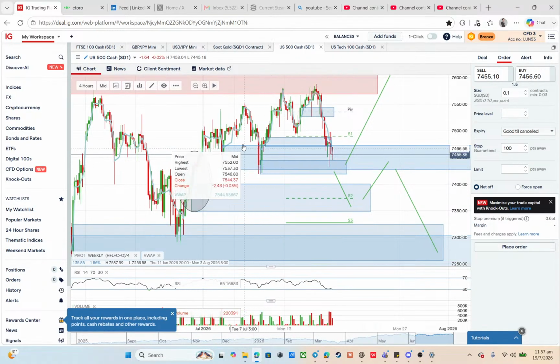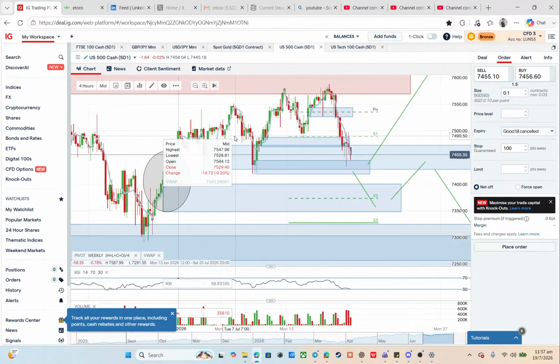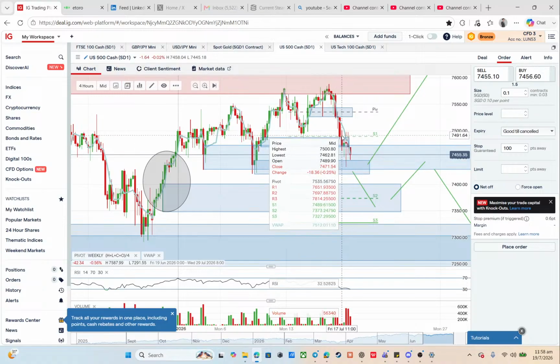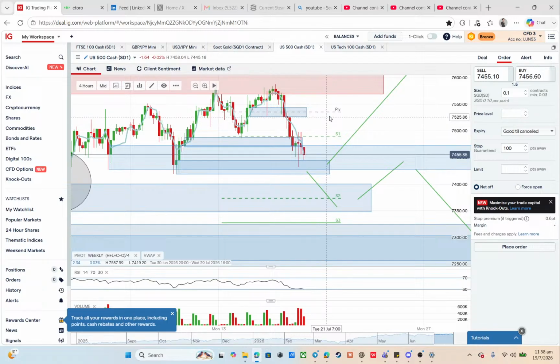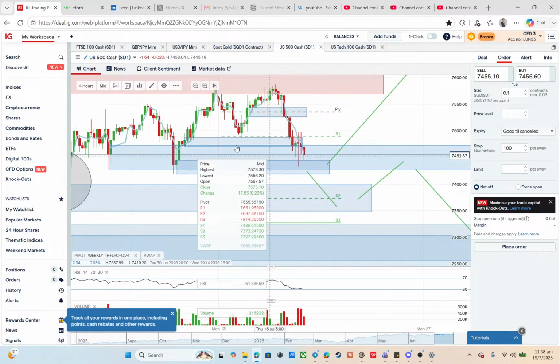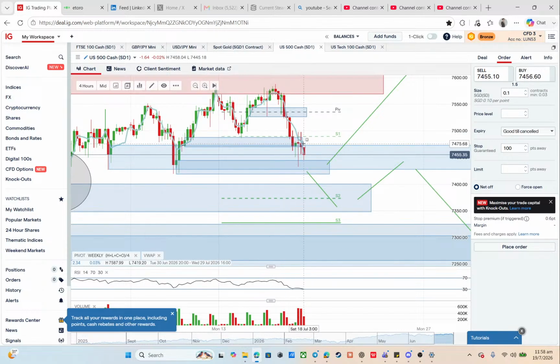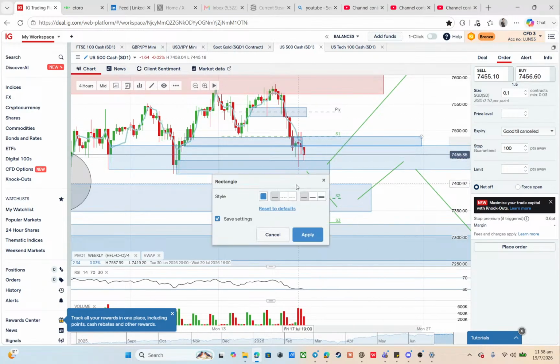You can see that previously, this 1, 2, 3 taps this 7,400 plus. Now this one is the sell zone. If it plunges below the buyer's interest, then we will see that this entire candle here is seller interest.